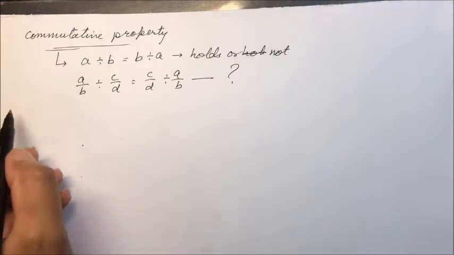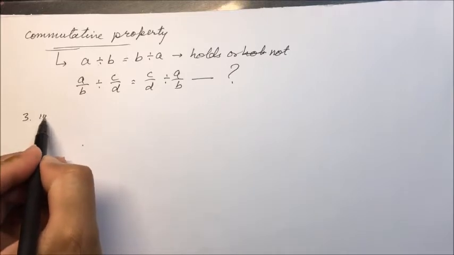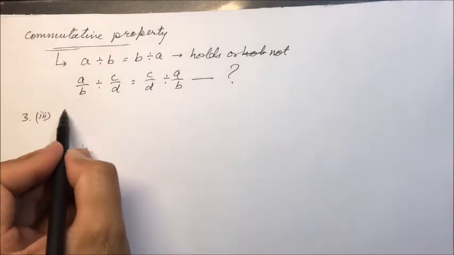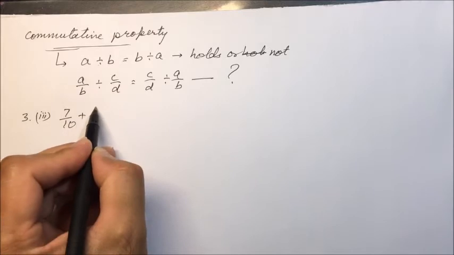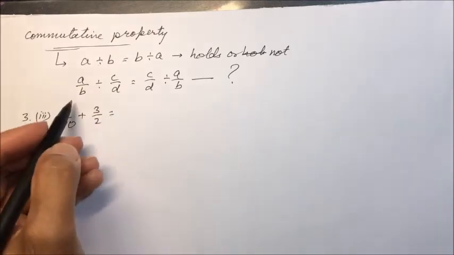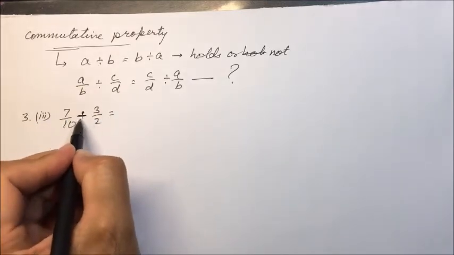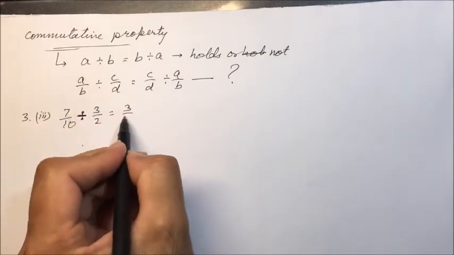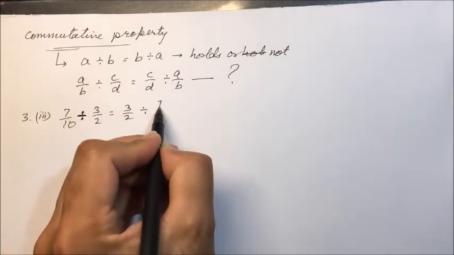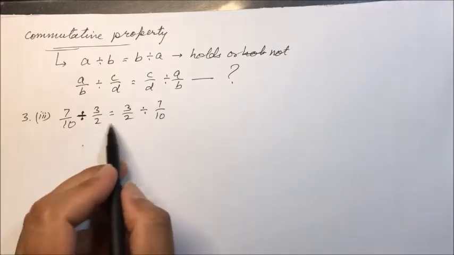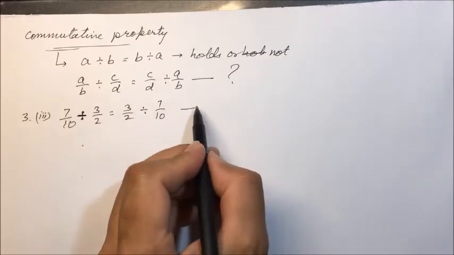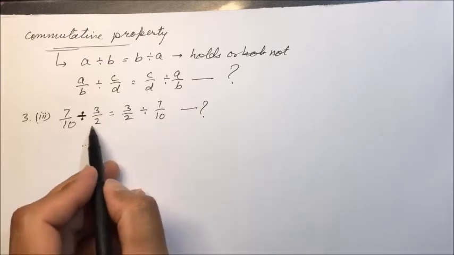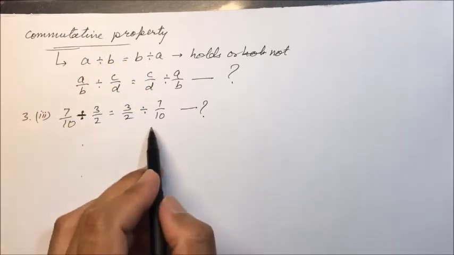So I am taking the third question, third part. 7 upon 10 divided by 3 by 2 equal to 3 by 2 divided by 7 upon 10. And we have to verify whether it is true or false, whether the commutative property holds on division or not.